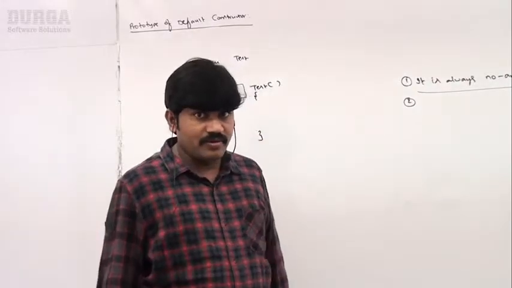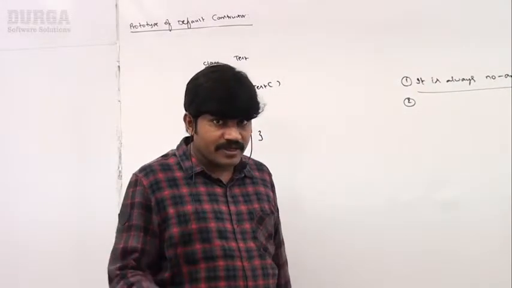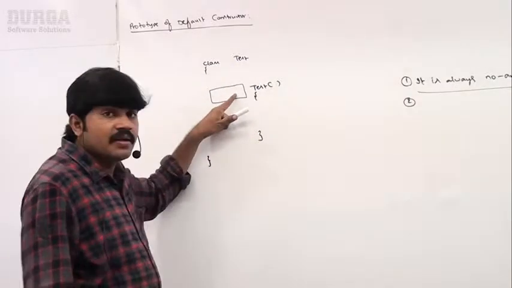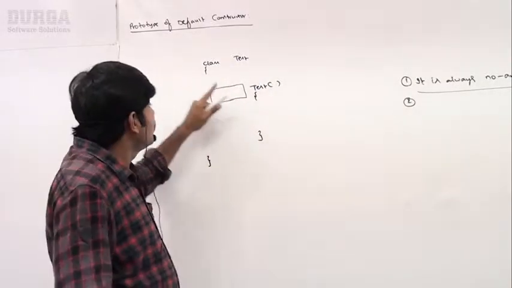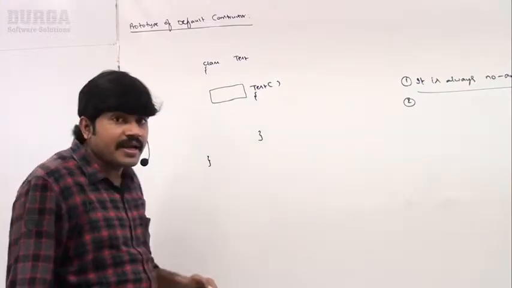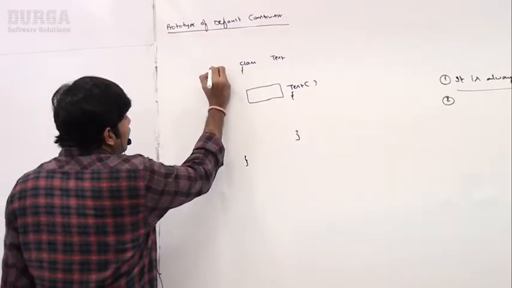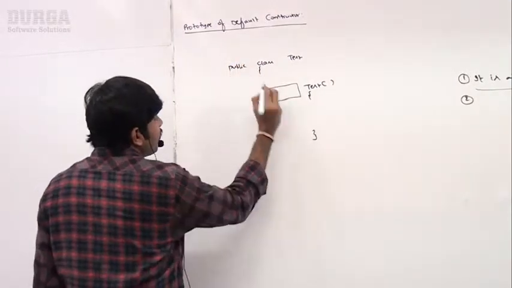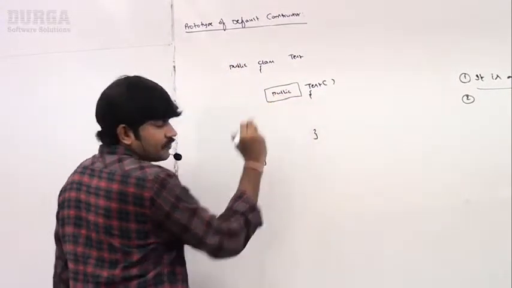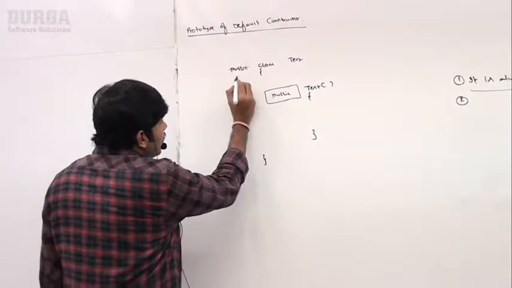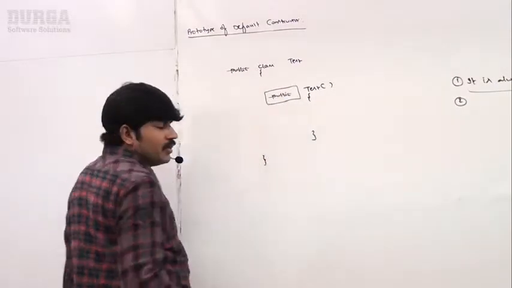No, man. The access modifier of the default constructor is the same as the class modifier. If the class is public, the default constructor is also public. If the class is default, then it is also default.